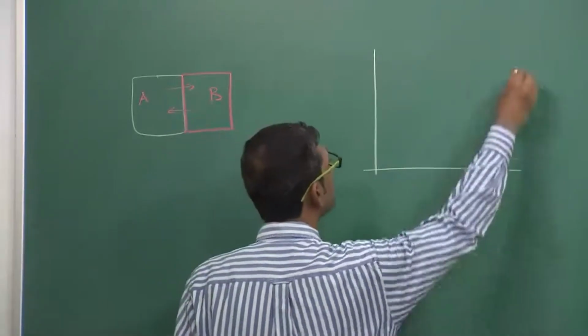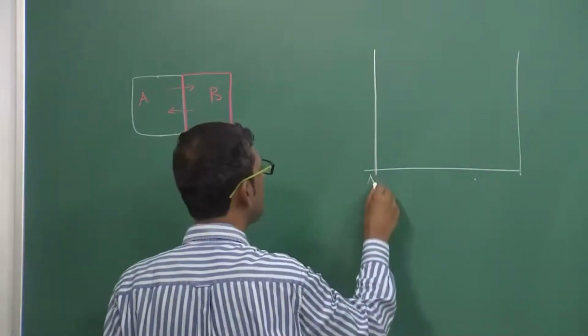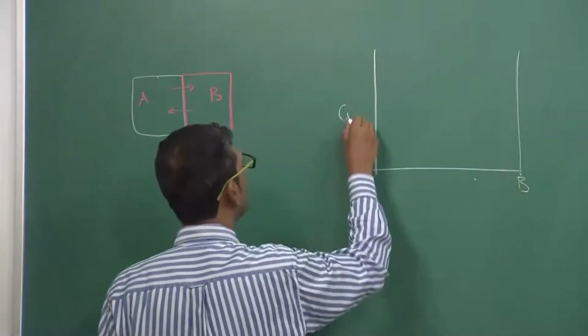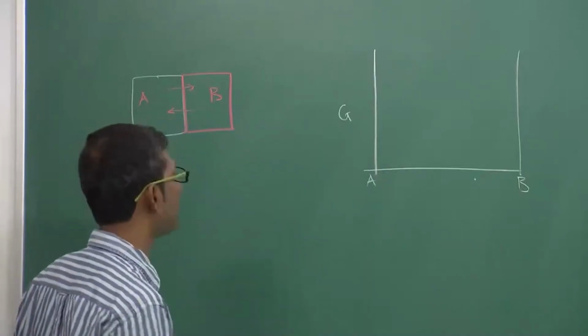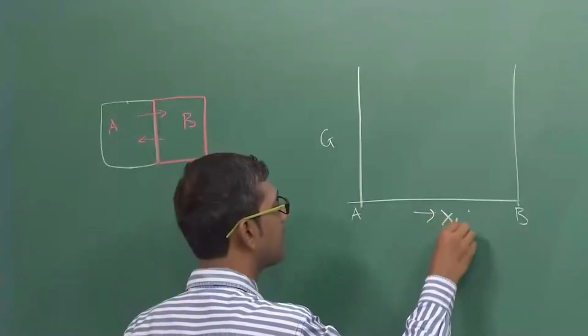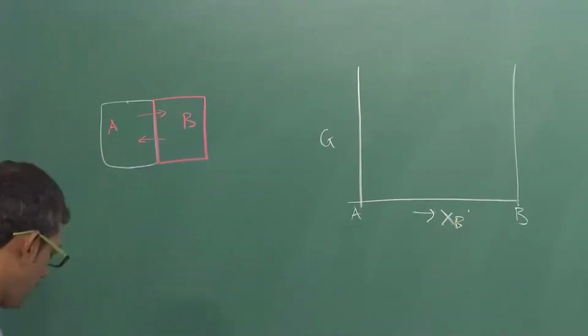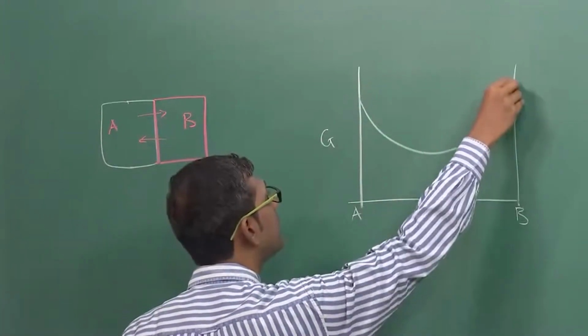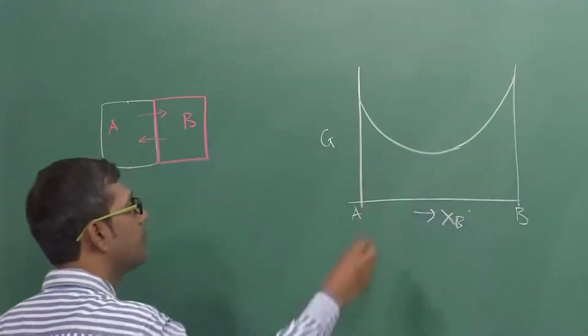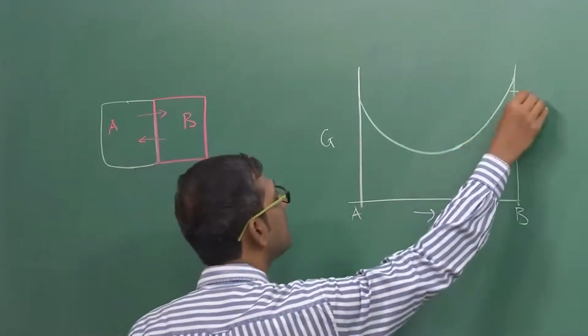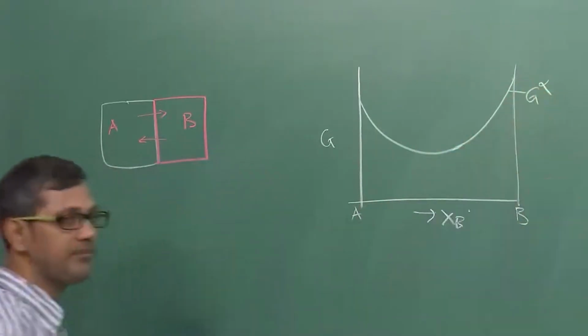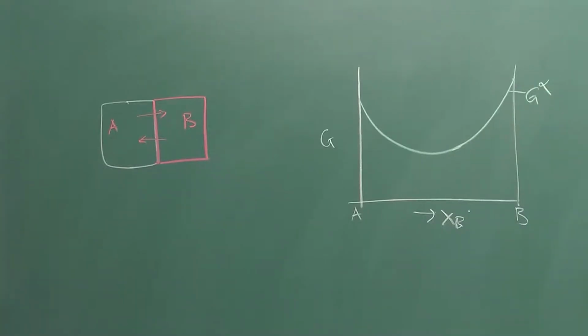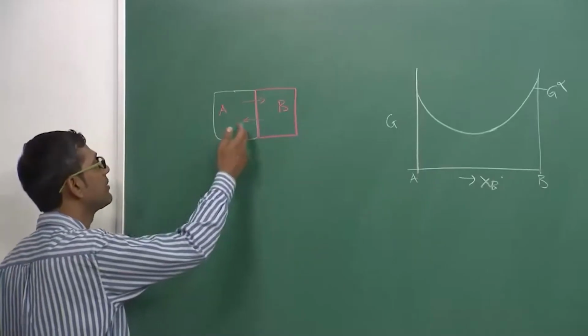Now, if I simply draw a free energy composition diagram, okay, similar to the ones which I have drawn in the lectures previously, and let us suppose this is the free energy composition diagram, free energy of the phase which is present in both the alloys, okay, both the pieces, and this is suppose G of alpha. Am I clear? So, that is the free energy composition diagram because it is the same alloy, a little bit of composition differences are there. Suppose this is steel only, carbon concentration is different from here to there.